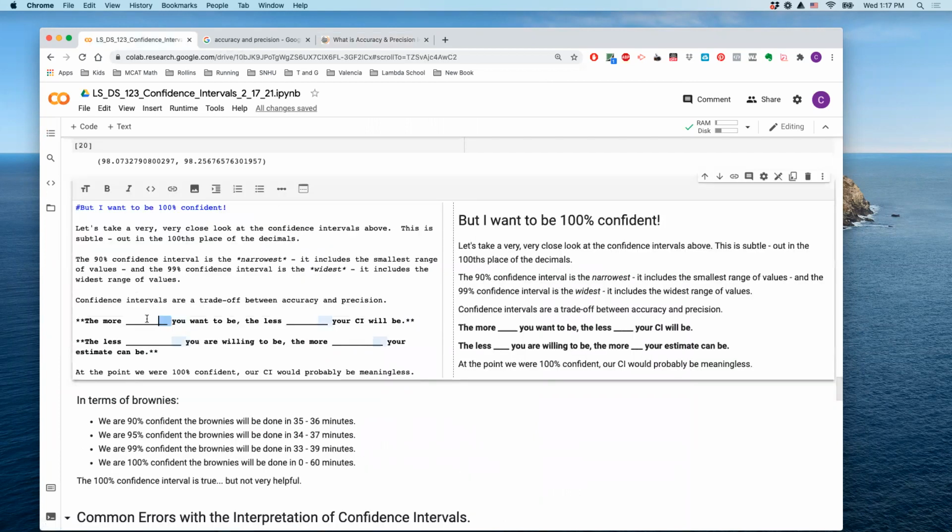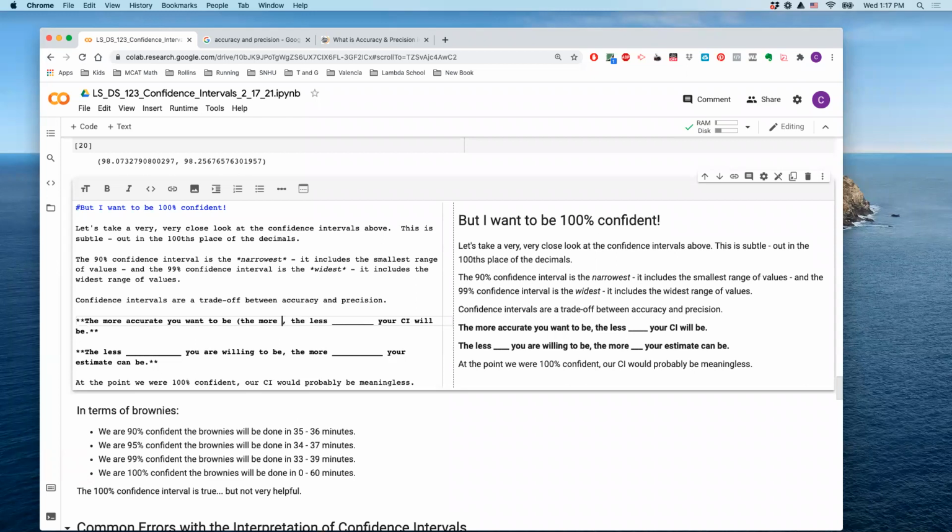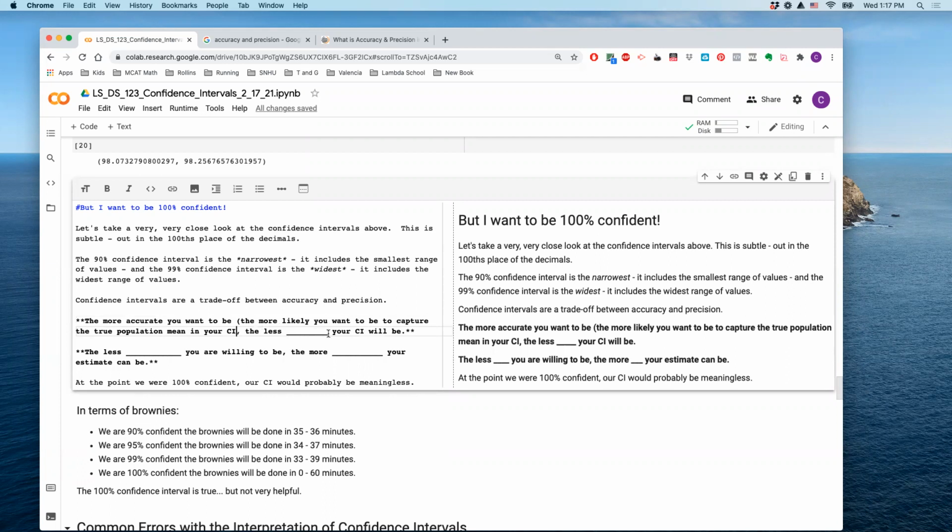So the more accurate you want to be, meaning the more likely you want to be to capture the true population mean in your confidence interval, the less precise your confidence interval will be.